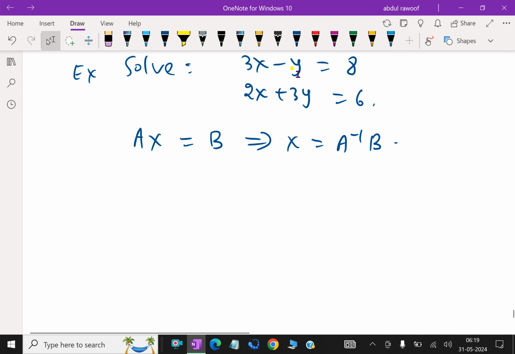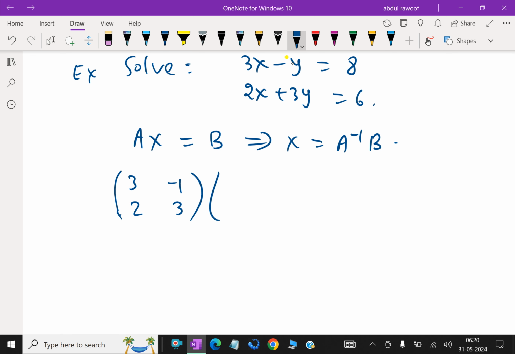The given equations are 3x minus y equal to 8 and 2x plus 3y equal to 6. So we convert this into a matrix equation. Here the coefficients are 3, minus 1, 2 and 3, with x y, equal to matrix B, the constant matrix, 8 and 6.